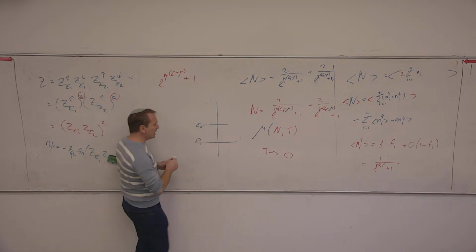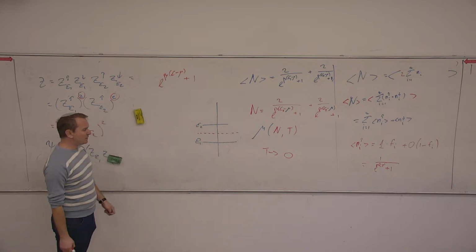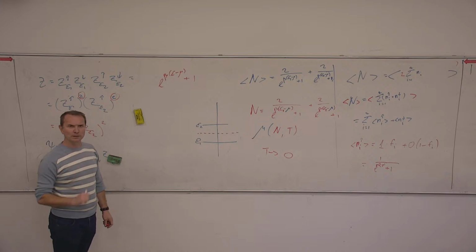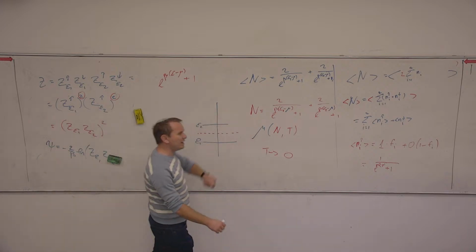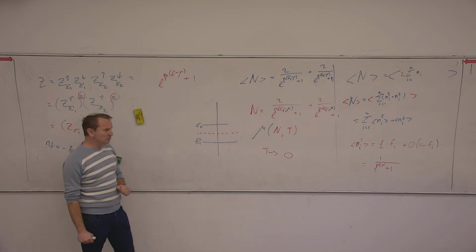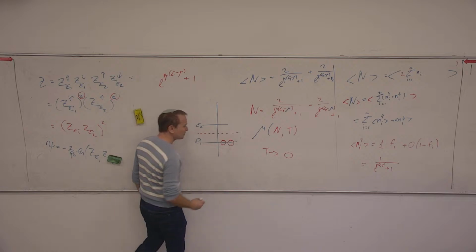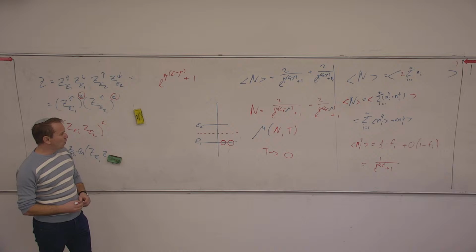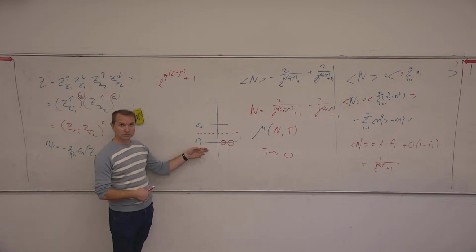So let's assume that we have only 2 particles. If you have just 2 particles, so for example n equals 2, at a very low temperature, those 2 particles will manage to occupy the lowest level, at extremely low temperature.